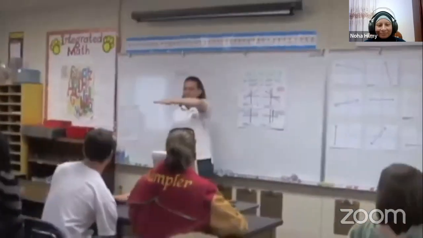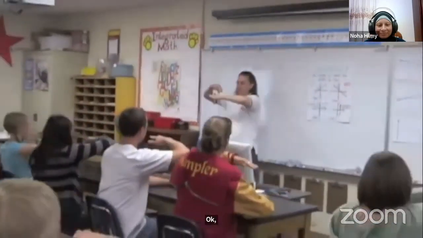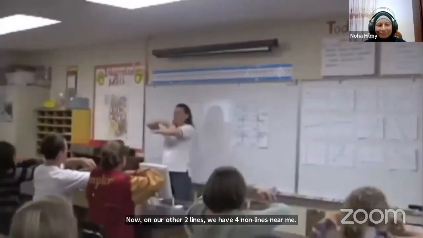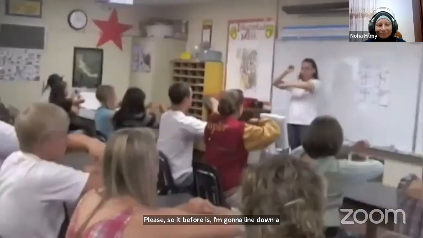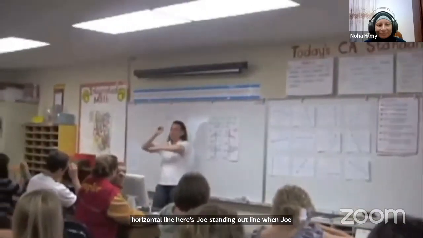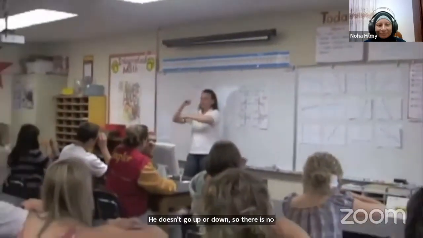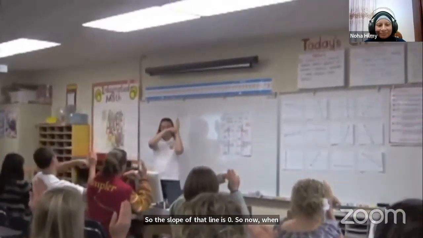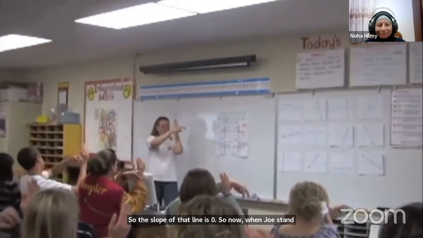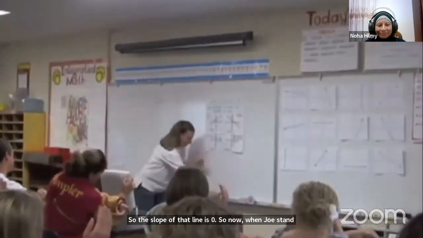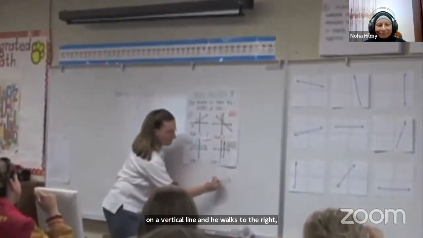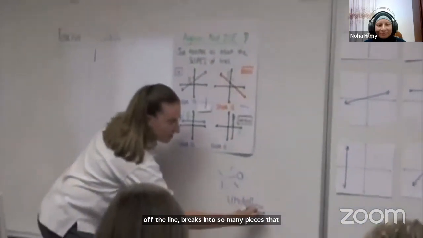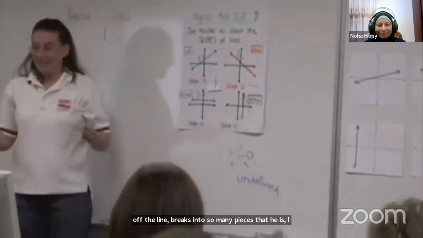Now on our other two lines, we have horizontal lines. Mirror me, please. So we have a horizontal line. Now on a horizontal line, here's Joe standing on a line. When Joe walks to the right, he doesn't go up or down, so there is no change. So the slope of that line is 0. Now when Joe stands on a vertical line and he walks to the right, he falls off the line, breaks into so many pieces that he is undefined.